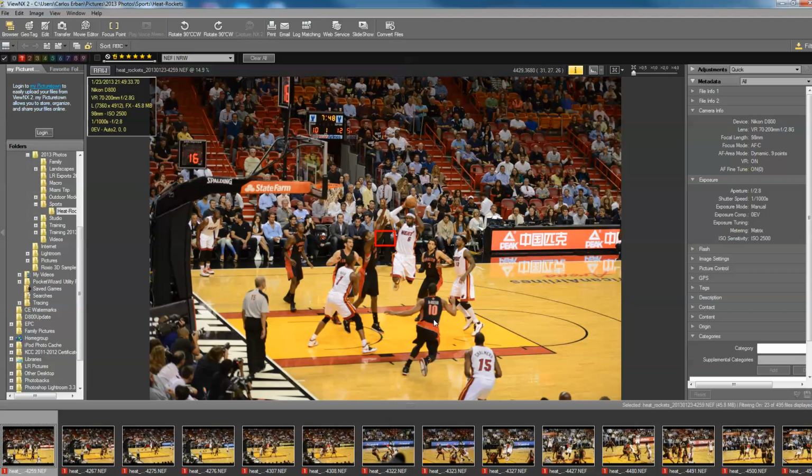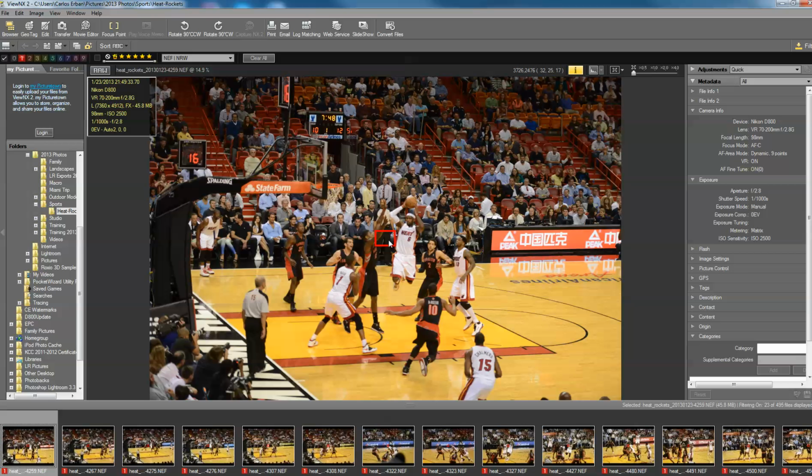So one of the things, I rarely use the View NX2, which is the free software Nikon has. I think in the past it wouldn't allow you to look at the raw files. Now it does. And if you don't have the one that allows you to do the raw files, you can download it from the Nikon website. You probably notice in my YouTube channel that there are tons of videos on Lightroom. So I don't use this software except for one thing that is very useful. It is very useful to evaluate where the camera focused, that red dot.